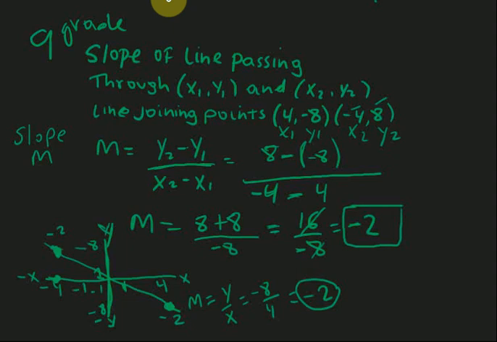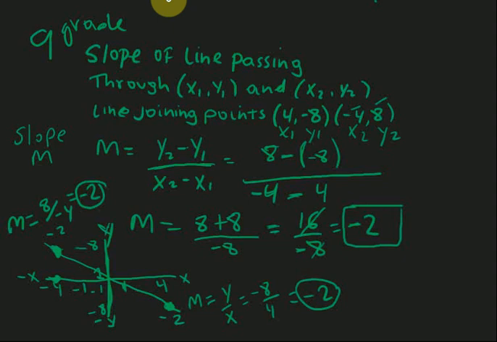So m equals 8 over negative 4, which is equal to negative 2. The point itself has a slope equal to -2.